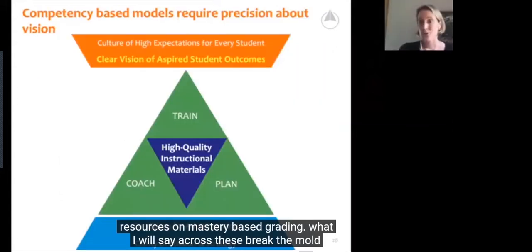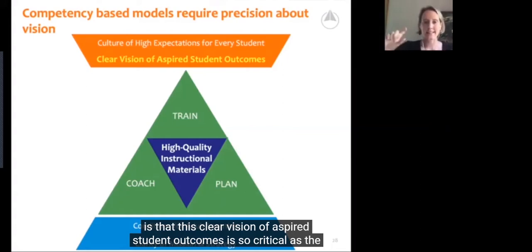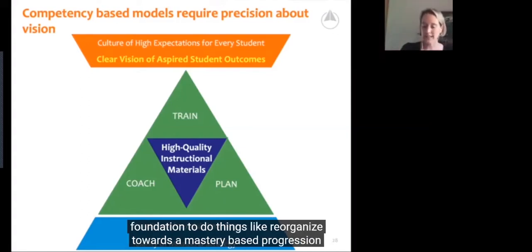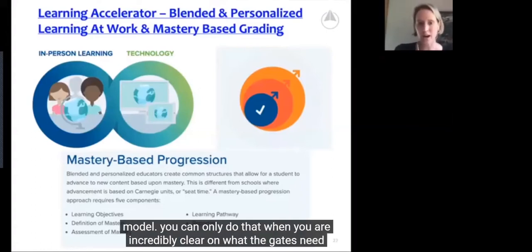What I will say across these break-the-mold models of personalized learning that have come across in all of my interviews is that this clear vision of aspired student outcomes is so critical as the foundation to do things like reorganize towards a mastery-based progression model.